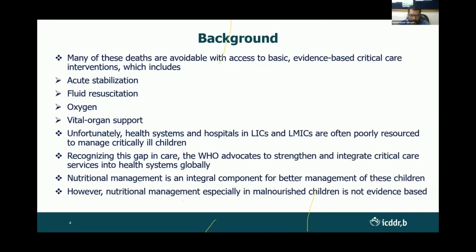Many of these deaths can be avoided with access to the best evidence-based critical care interventions, such as acute stabilization with fluid resuscitation, medical oxygen, and vital organ support. Unfortunately, healthcare systems in low and lower-middle-income countries are often poorly resourced, especially in these basic needs, and these are poorly managed.